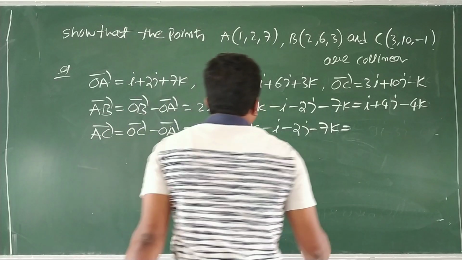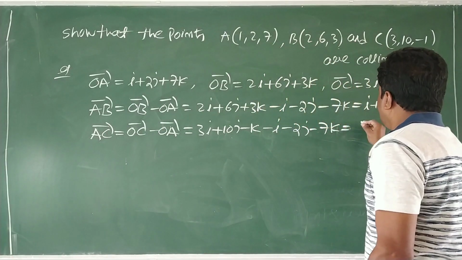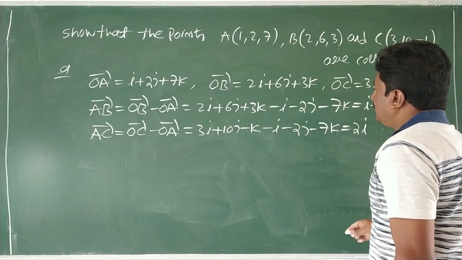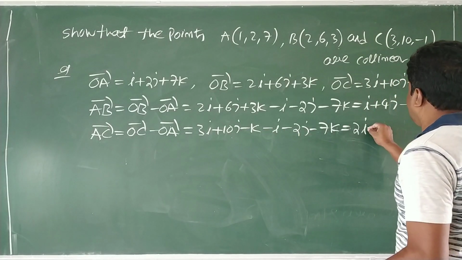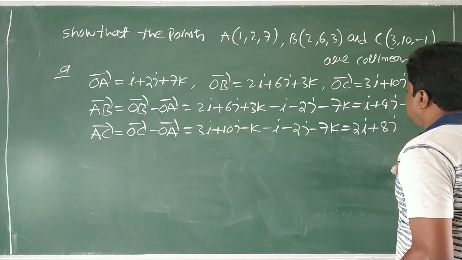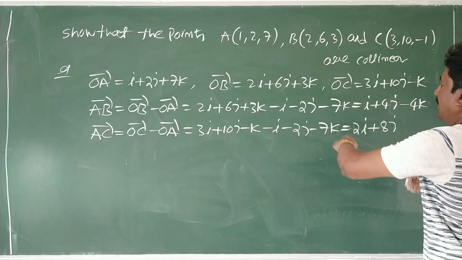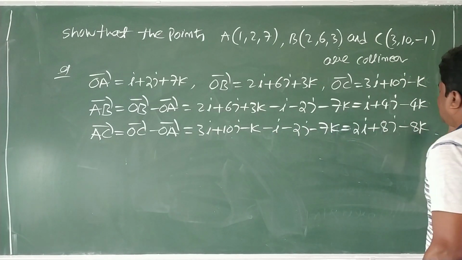Simplify this: 3i minus i is 2i, 10j minus 2j is 8j, minus k minus 7k is minus 8k.